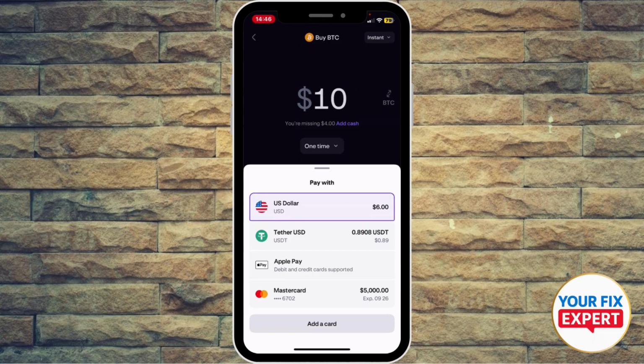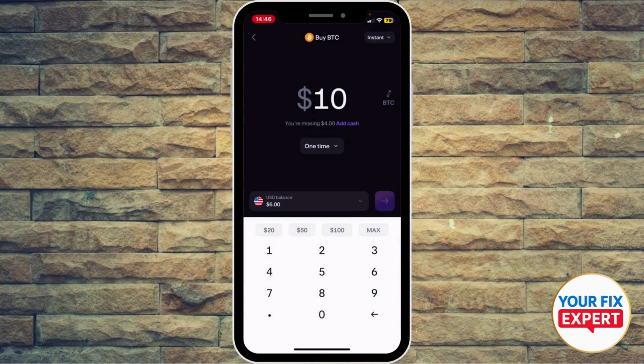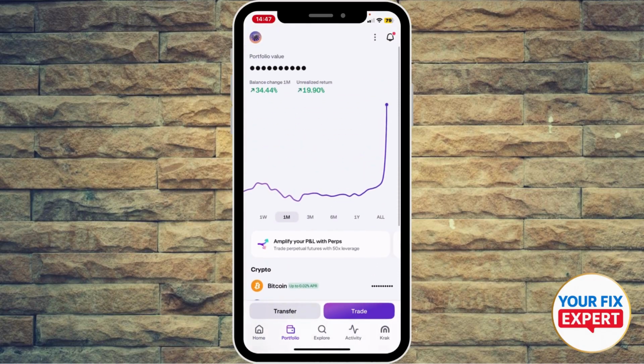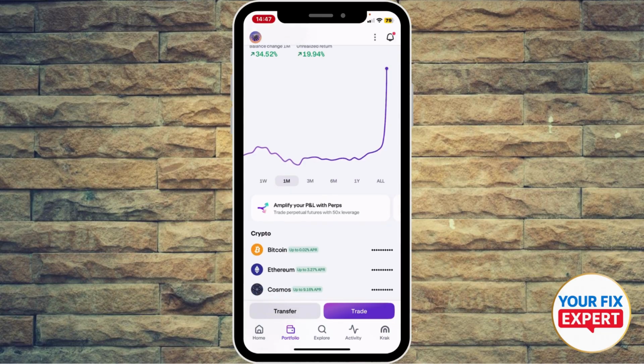Now, for beginners, you simply just buy using these, but if you want to trade crypto, you need to use Kraken Pro, because this Kraken version is basically for holding or selling. They're not necessarily for trading.